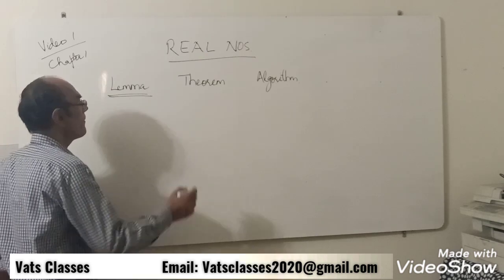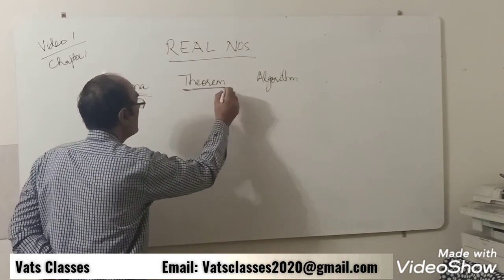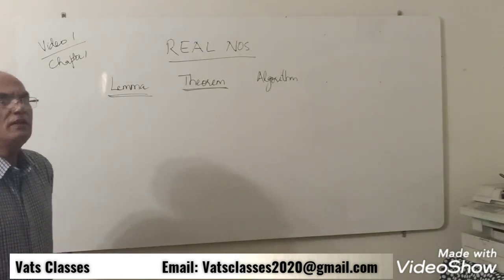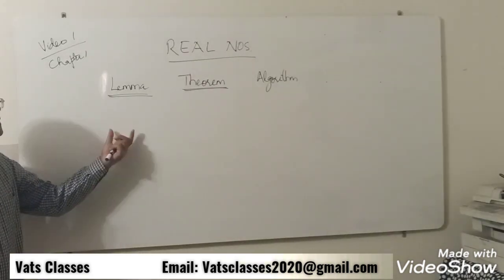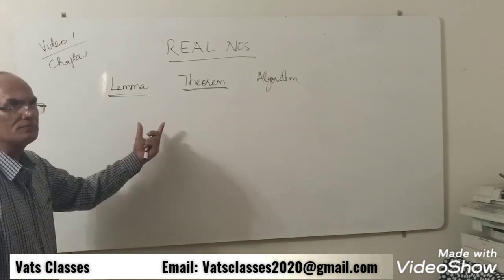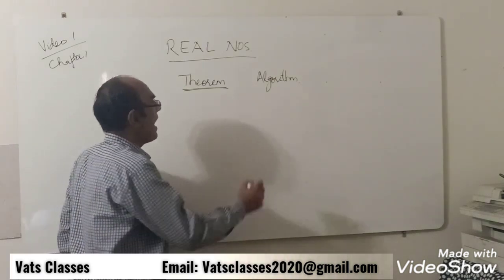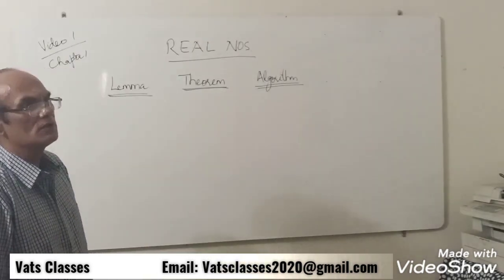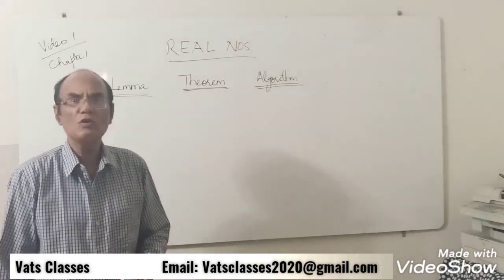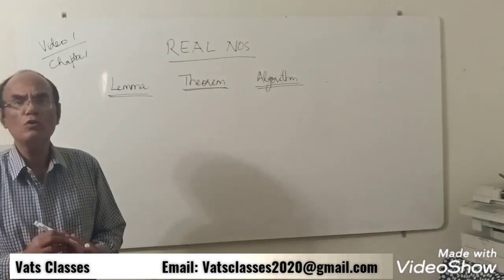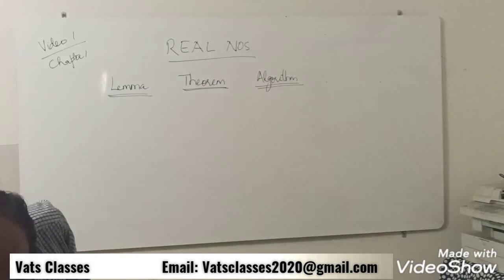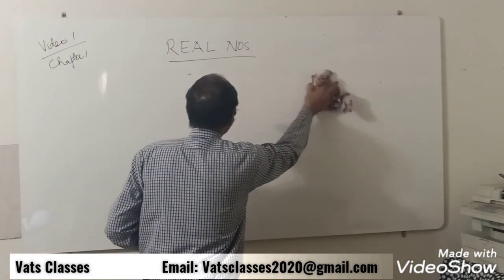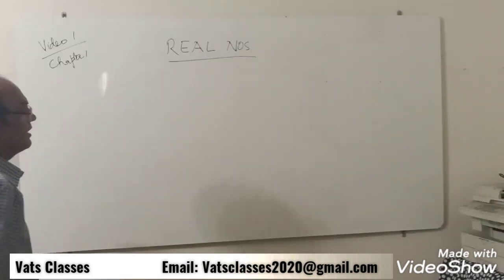A theorem is something that we prove depending on already known facts. Algorithms are the steps to achieve our goal, our logic, what we want to prove. So I begin with Euclid's division lemma.